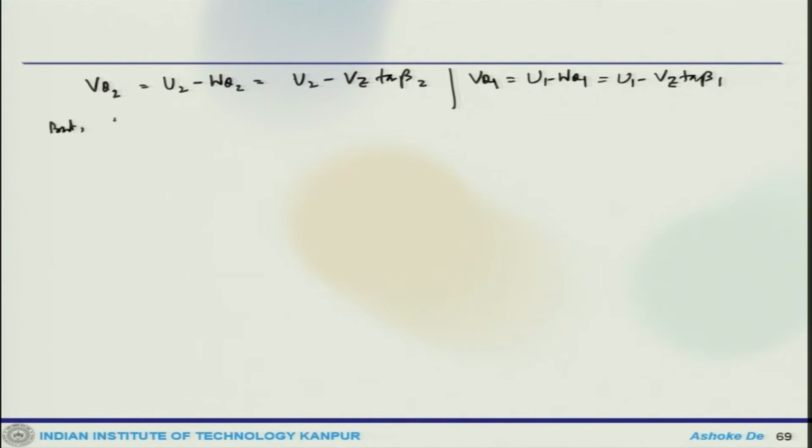But u 2 is u 1, so that gives me delta V theta is V z times tan beta 2 minus tan beta 1.